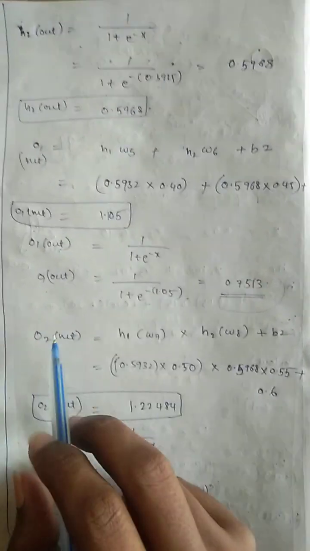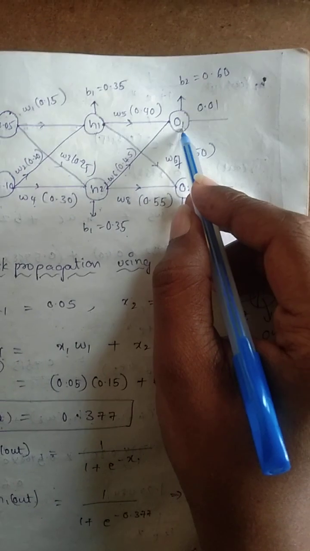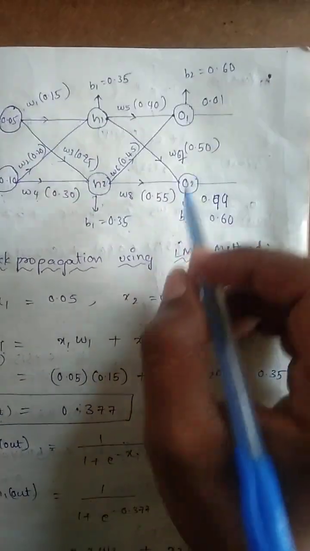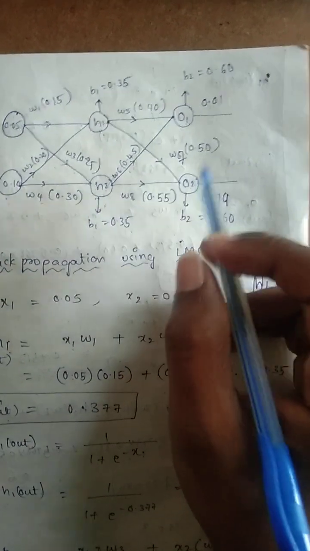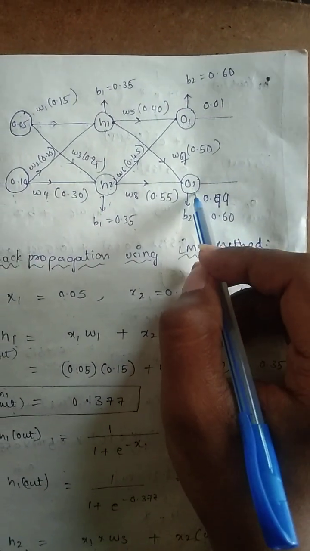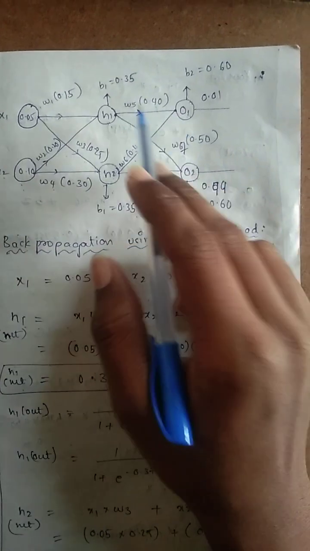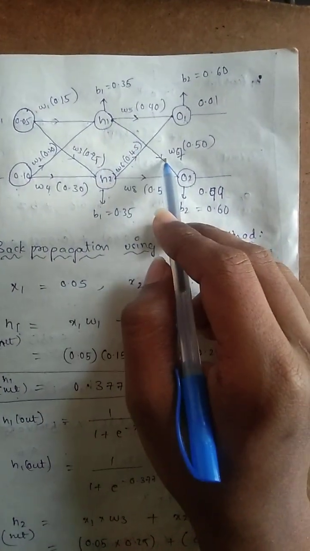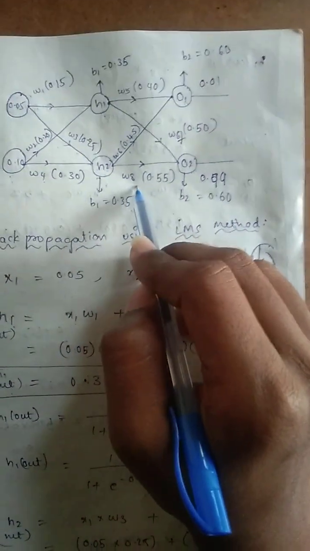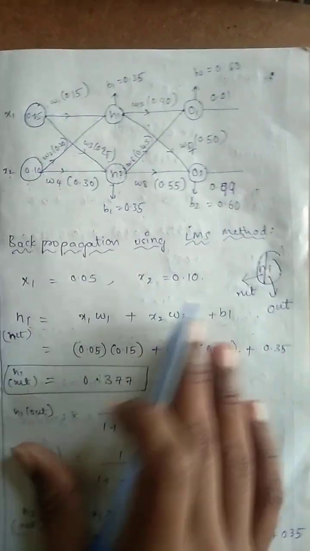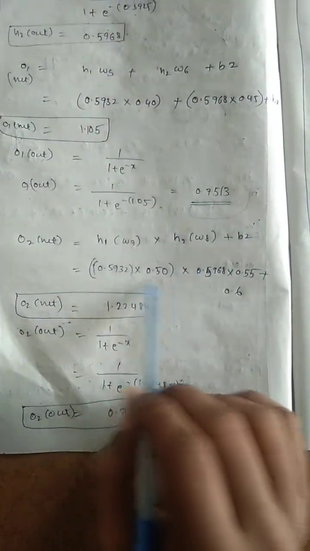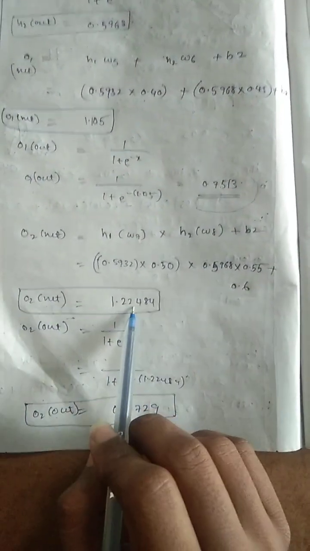And next, in the same way, we have to find out the out two value. We completed the out one net value and out value, and output 2 also has both net value and out value. Now the formula for out 2 is h1 into w7 plus h2 into w8 plus the bias value 0.60, and we consider the same formula here, and then we get the net value.